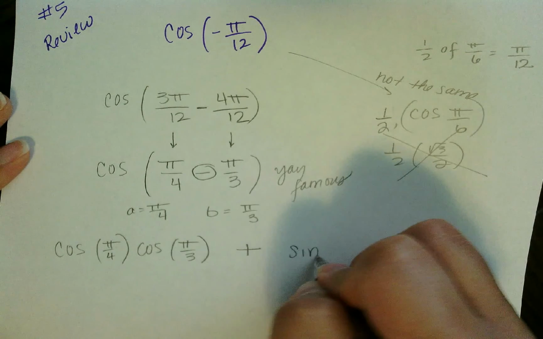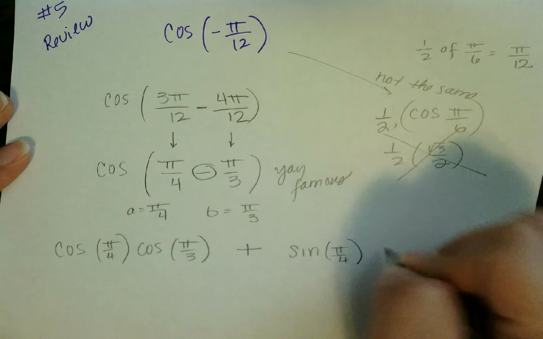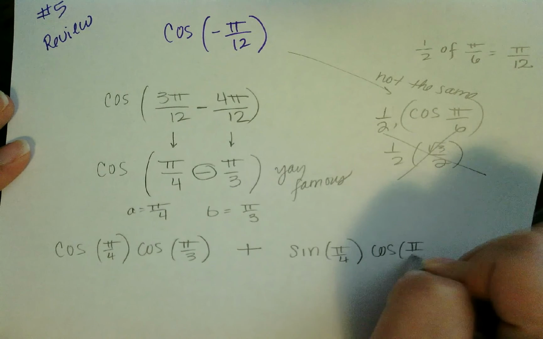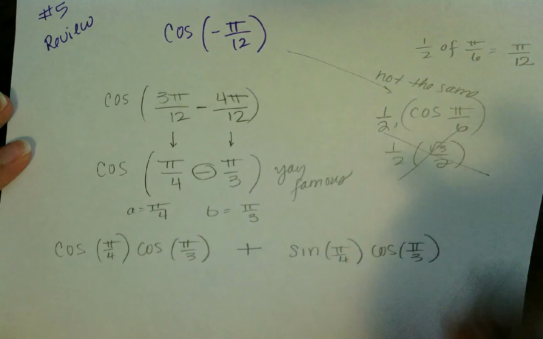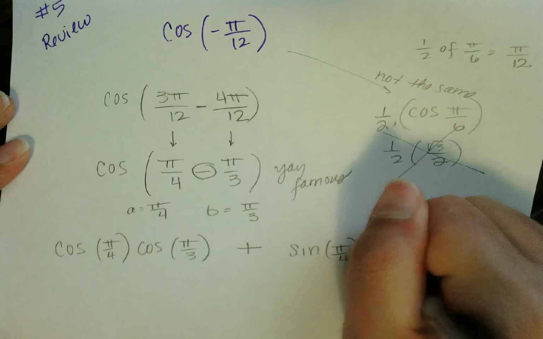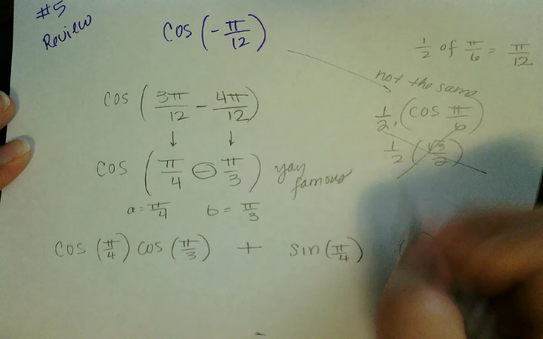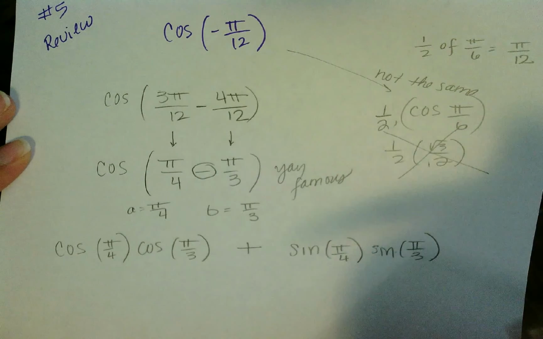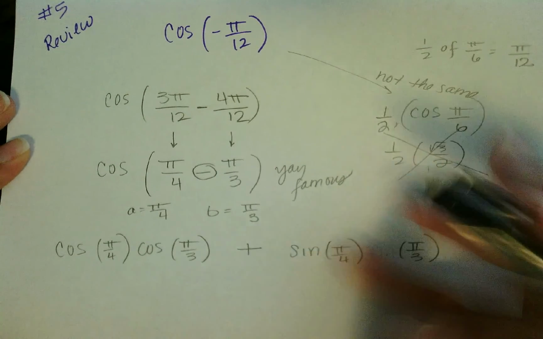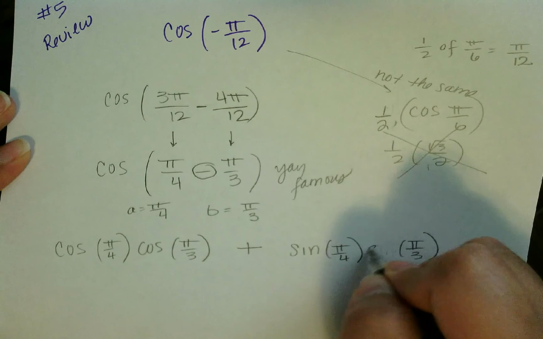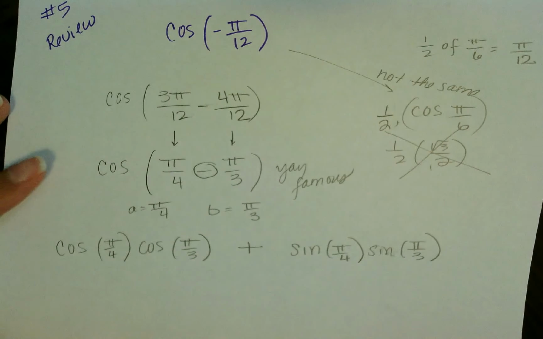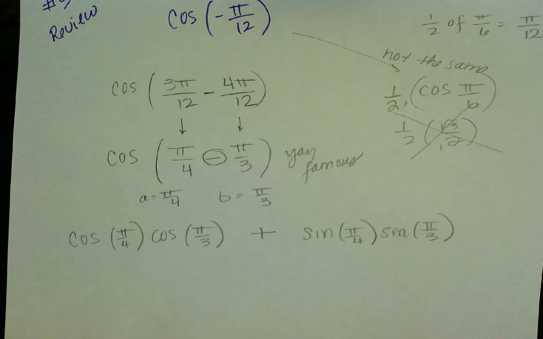And then sine of the first, cosine of the second. Sine of the second, I like. So now you're going to go and find all those from the unit circle.